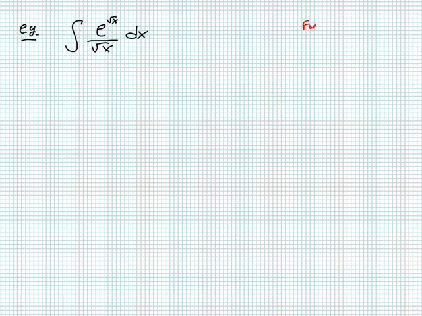The form is the integral of e to the u du, which is e to the u plus c. But in order to see this a little easier, I am going to separate this out. So I've got e to the square root of x times 1 over the square root of x dx.